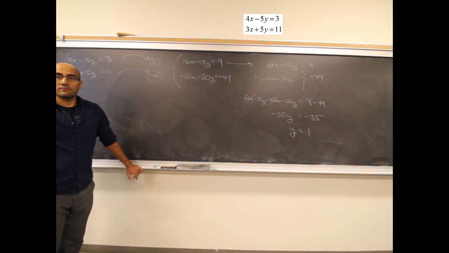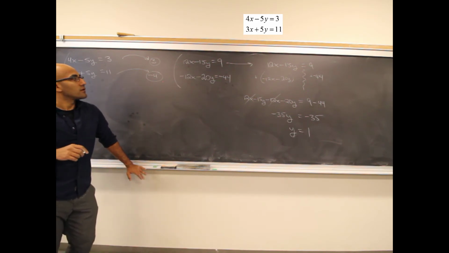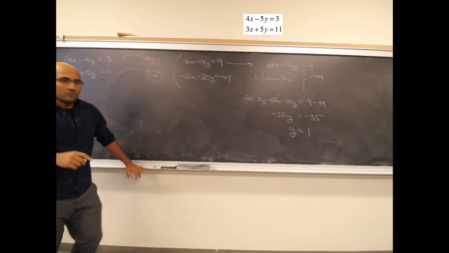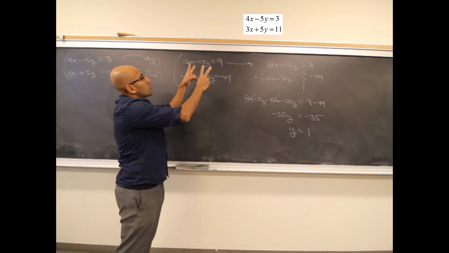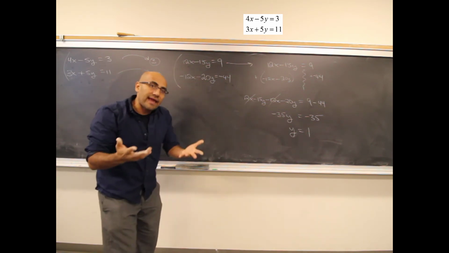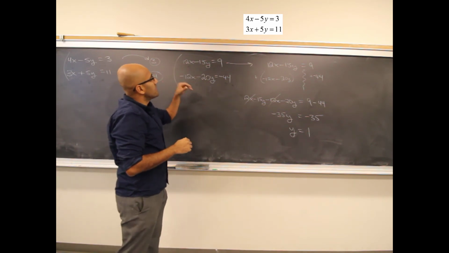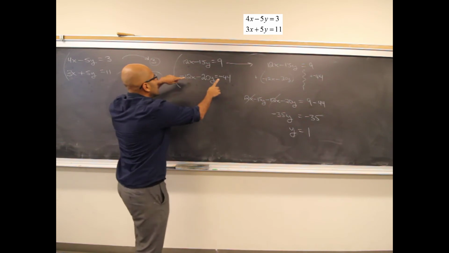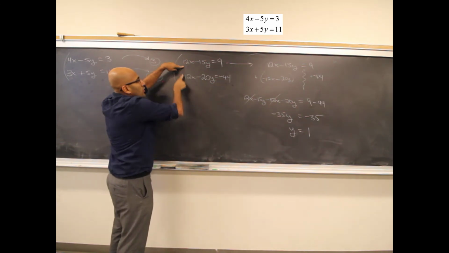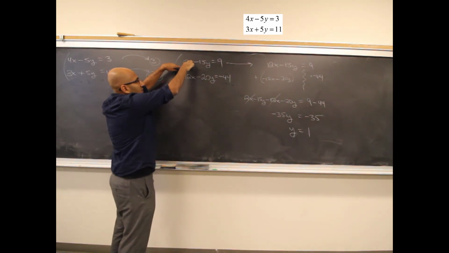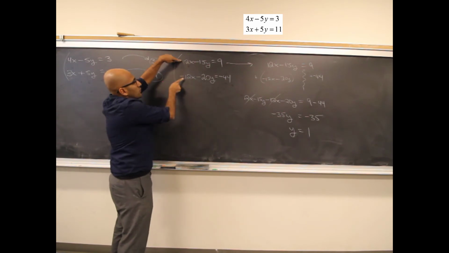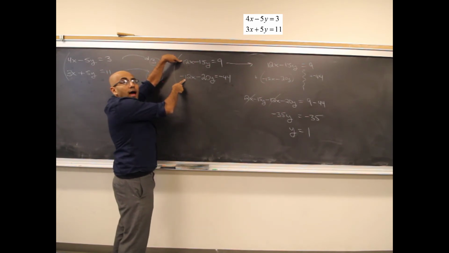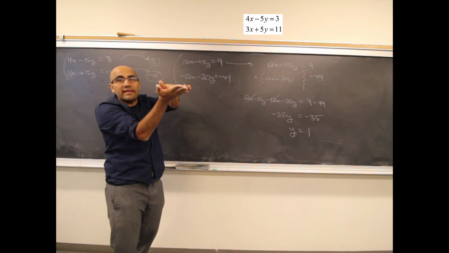Any questions? Yeah? If that negative 44 didn't have that negative, if it was just a regular 44, would we still be adding, or would we subtract that? Yeah, that's fine. So we're always adding, but we might be adding a negative, we might be adding a positive. The focus really should be on these, right? Our goal was to ultimately make sure these things cancel off. So if you make sure that they're both opposite signs, then when we add them, they cancel.